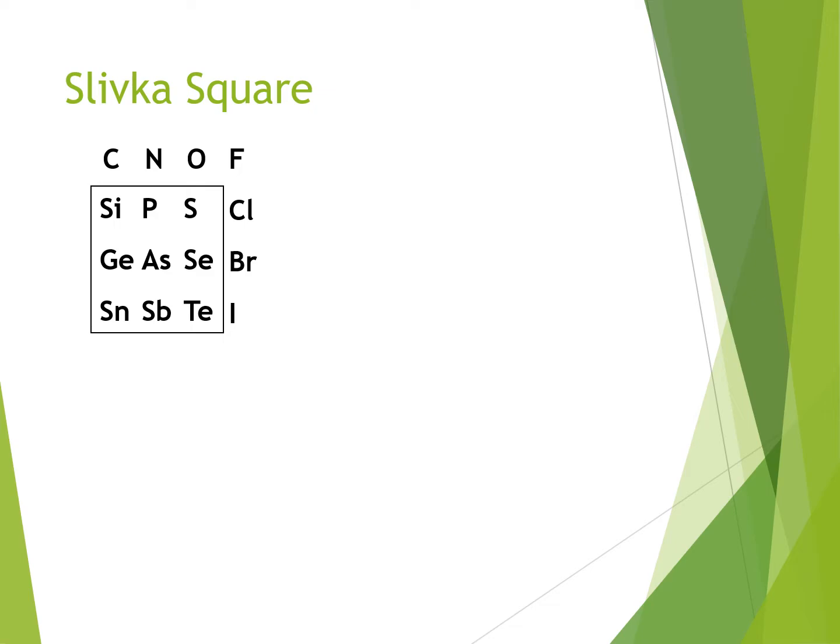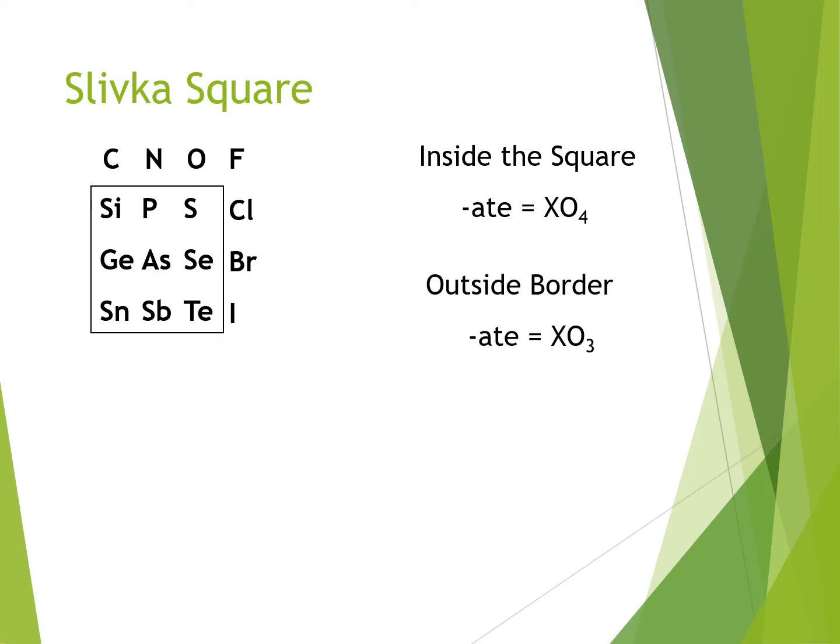But the main pattern is when these form polyatomic ions, things inside the square, the "ate" version is O4, the outside border, the "ate" version is O3. So SO4 is sulfate, ClO3 is chlorate. Examples there.